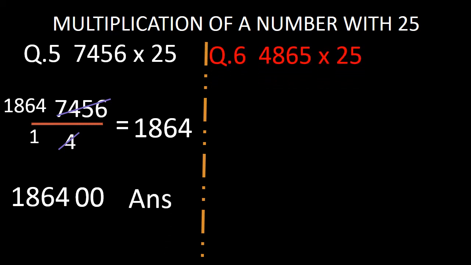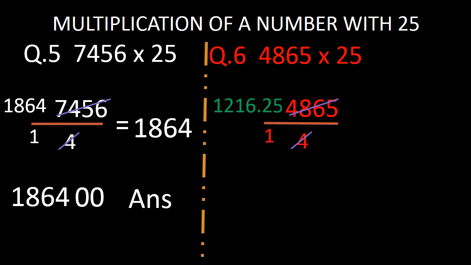Now you look to question number 6. In question number 6, I have multiplied 4,865 with 25. But what will I do? I will divide this number by 4. By dividing this number by 4, we will get our quotient, but the quotient here is not a whole number, it is a fraction, and our quotient is 1216.25.